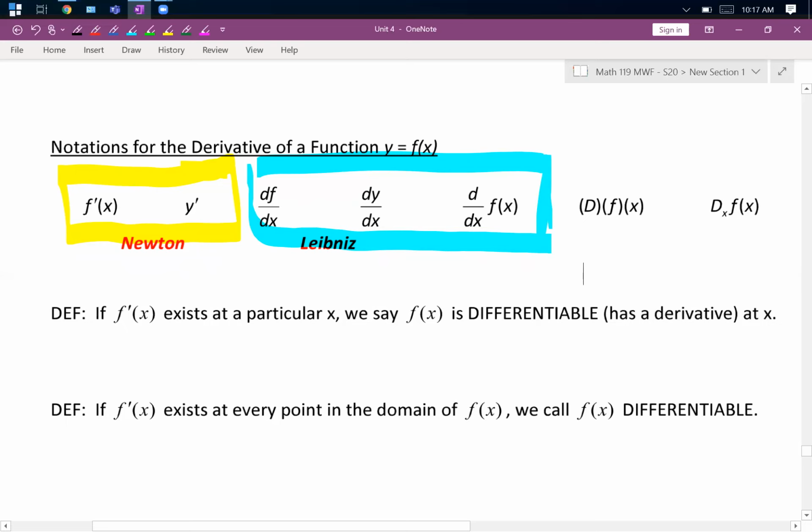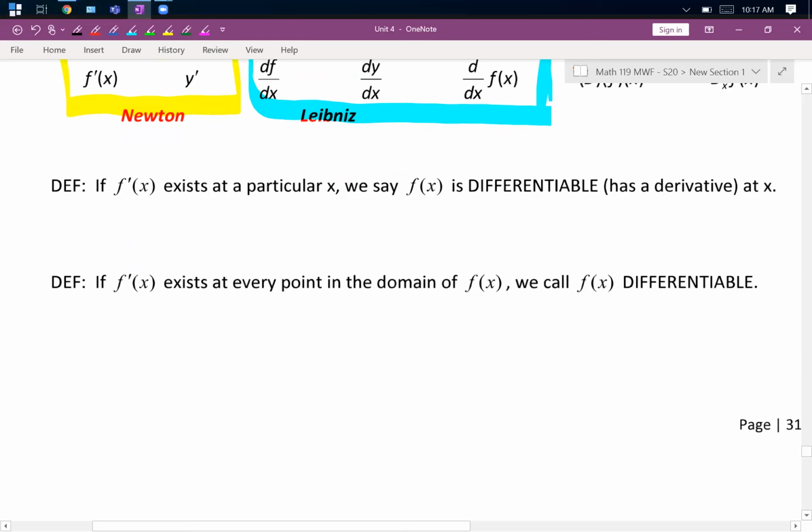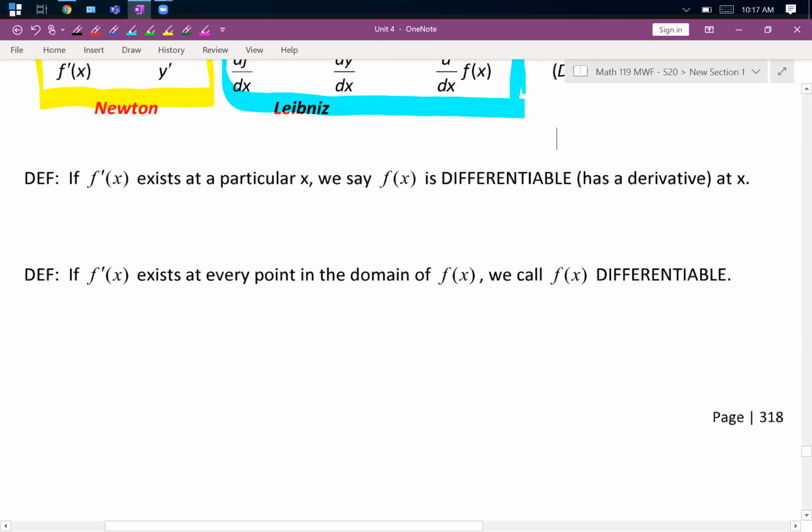All right, that's why there's two different notations. If our first derivative, f prime of x, exists at a particular x, we say f of x is differentiable at that x. And differentiable just means that it has a derivative, because sometimes the derivative doesn't exist. If f prime of x exists at every point in the domain of f, we call the function f of x itself differentiable.